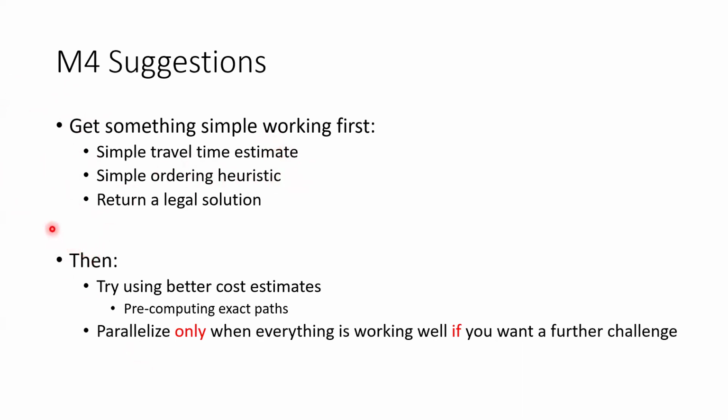Then for your ordering and returning a legal solution, try using the simplest one first, and then use better ones. When you cannot optimize further, then parallelize. Add parallelization only when everything is working well, and if you want to make it better.